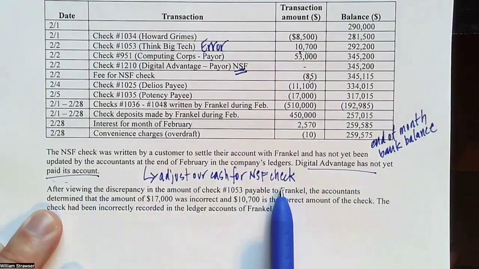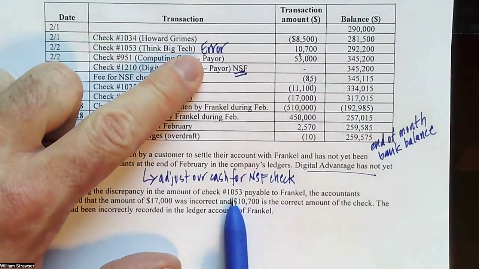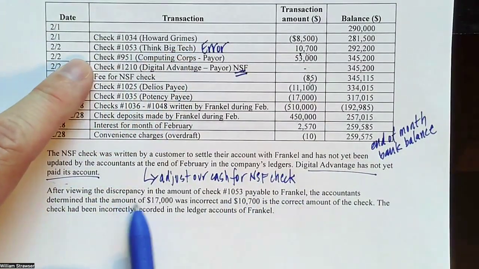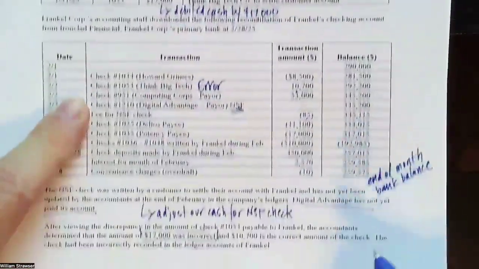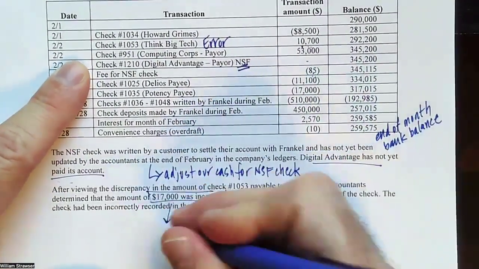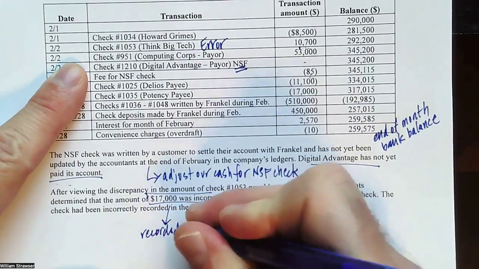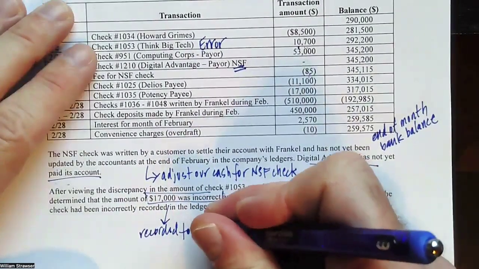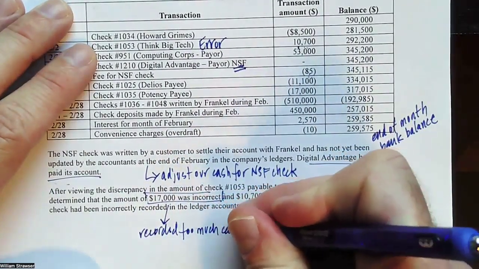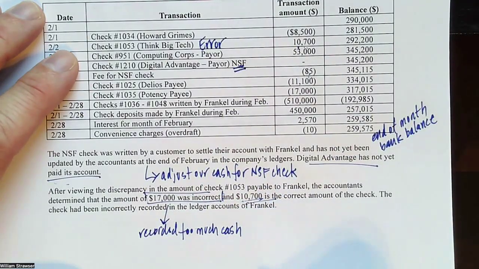Now, after viewing the amount of check 1053 and its discrepancy, that was where the error was. The accounts determined that the amount of 17,000 was incorrect. So remember, 17,000 was what we recorded in our books. So we recorded too much cash. Because we should have only recorded 10,700.